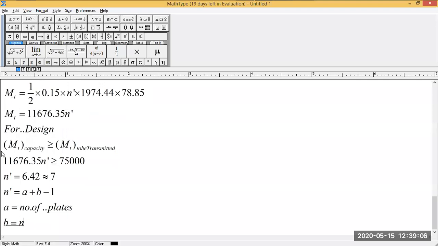You can say the number of hard plates, which are steel, and the number of friction plates. Then minus 1.